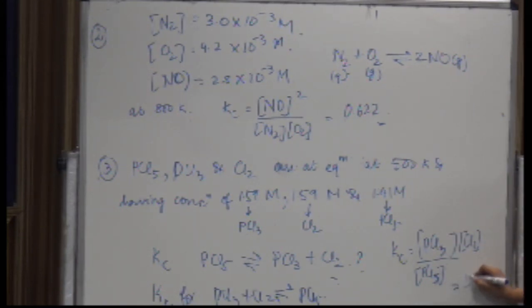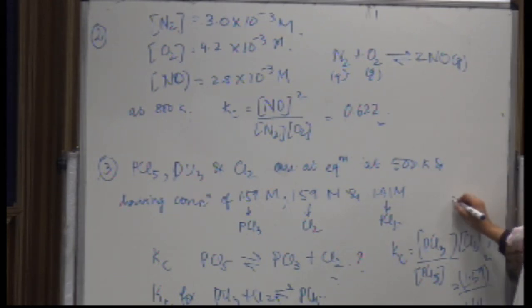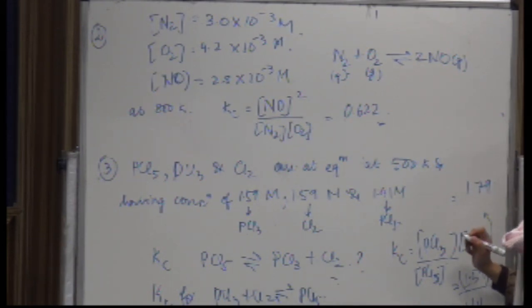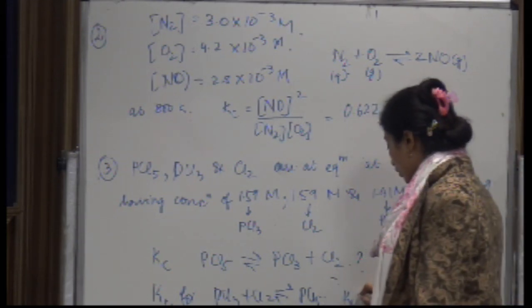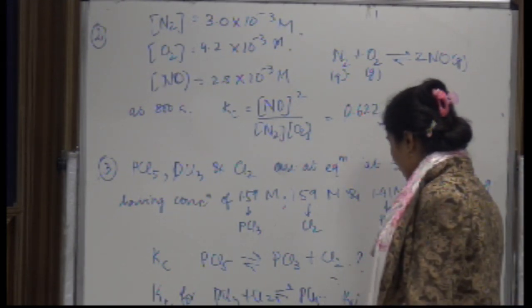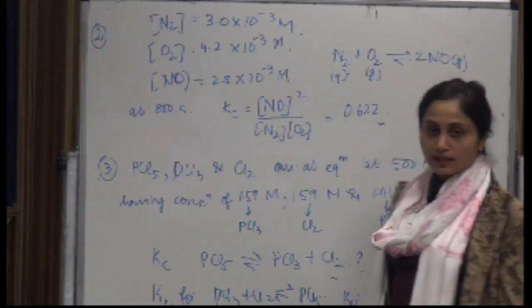So that will be equal to 1.59 whole square upon 1.41. That will be equal to 1.79. This is coming out to be equal to 1.79, and now the Kc for the reverse reaction you know will be equal to 1 upon 1.79, and you can easily calculate that.